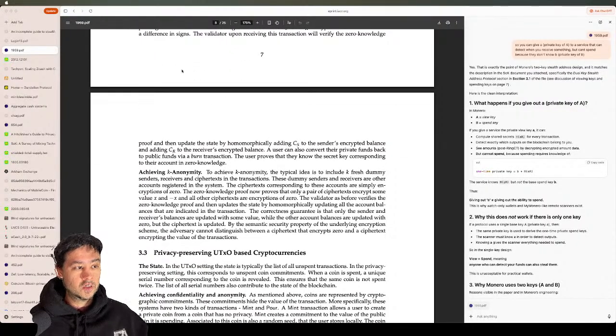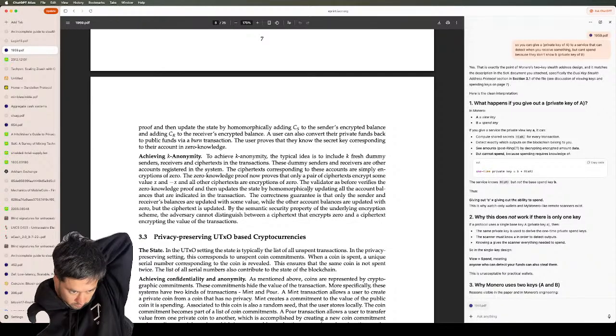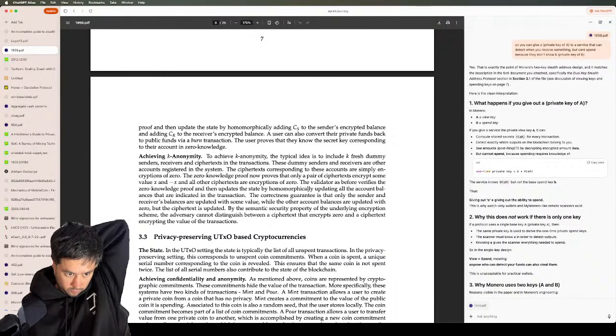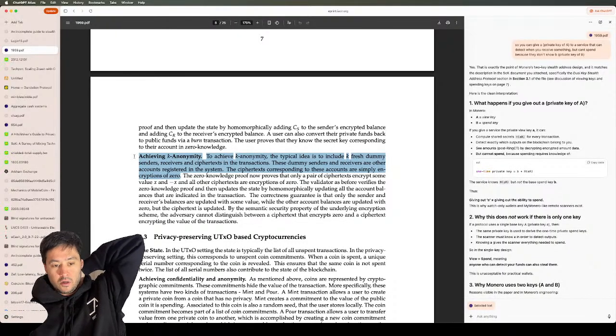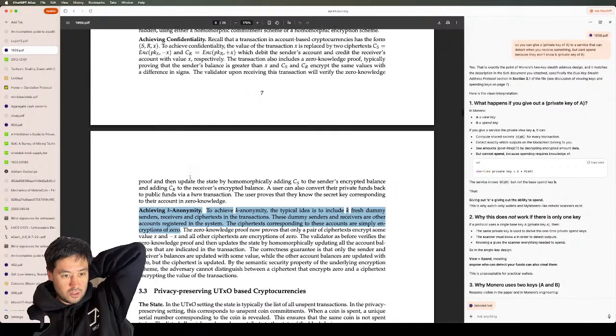Oh yeah, range proofs. I need to make sure I talk about that. So I think here they're describing Zether, because I don't think in Monero you have ciphertext that corresponds to 0. I don't think you do any of that.